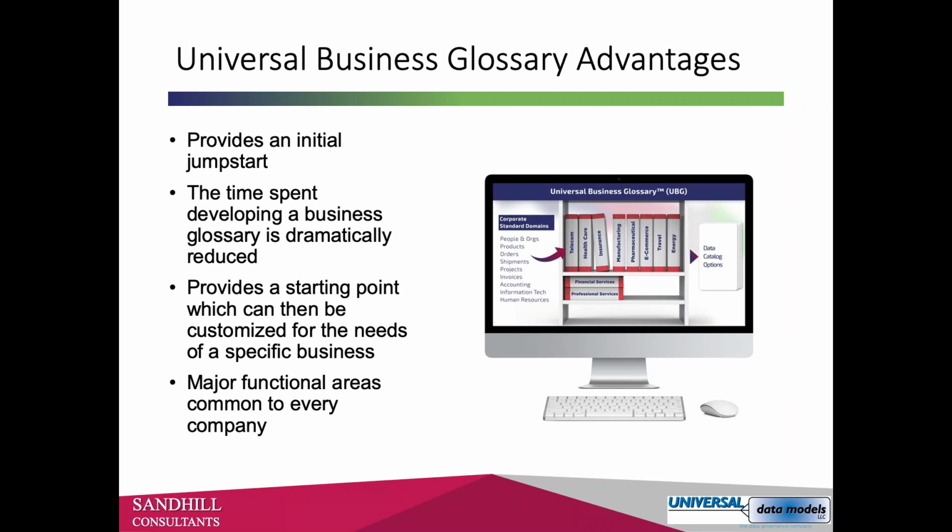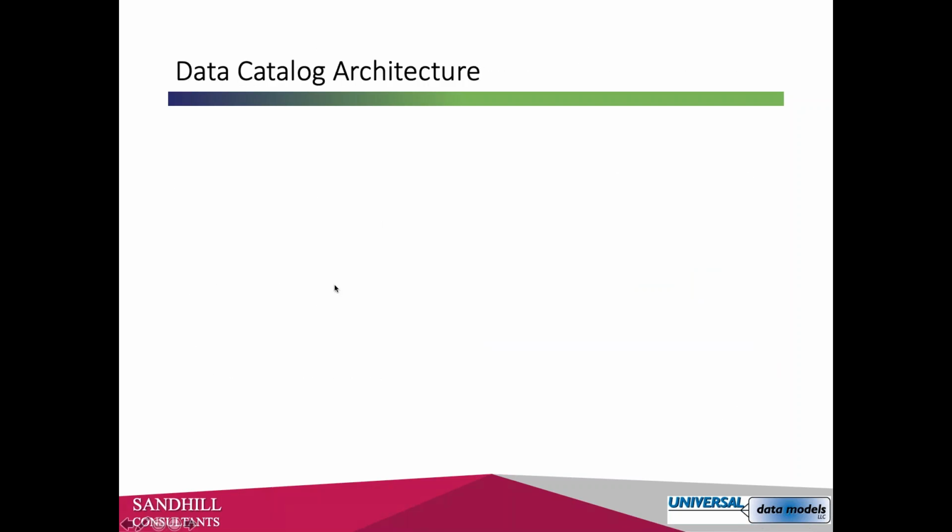So let's start off by talking a little bit about the data catalog architecture. Okay, so first thing we do is we start off with this idea of a universal business glossary. So these are all the terms, all the structures, all the relationships, everything you need to actually build the glossary in a tool.